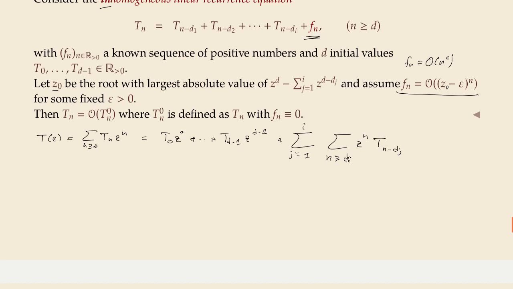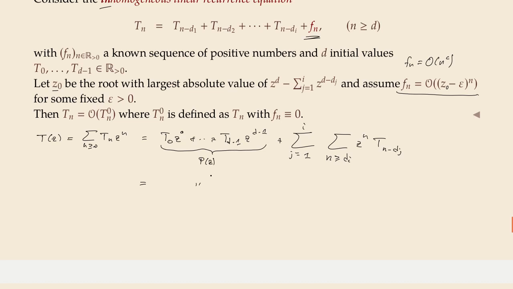Now we have the mismatch that we start here and here. We have to pull out z's. Now this is some polynomial in z.